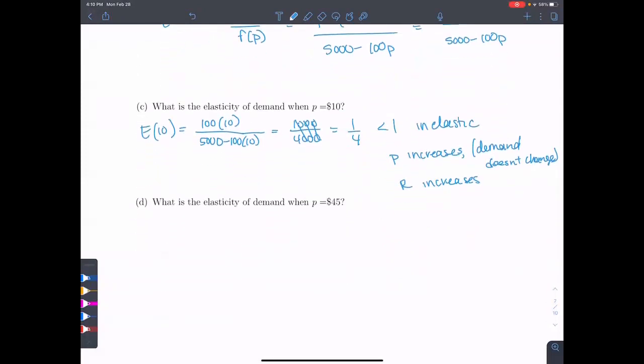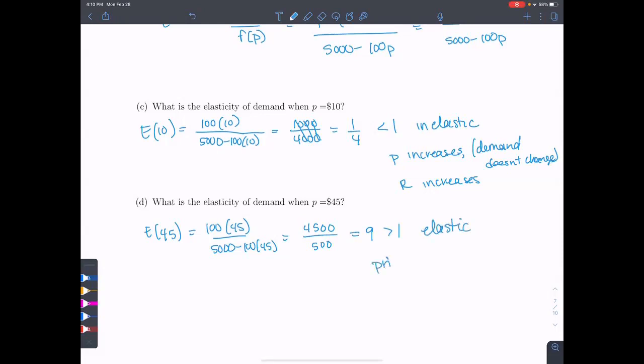Okay, what is the elasticity of demand when p is 45? So then we're looking at E of 45. So we have 100 times 45 divided by 5,000 minus 100 times 45. This is 4,500 divided by 500 or so, which is 9, which is bigger than 1. So this is elastic.